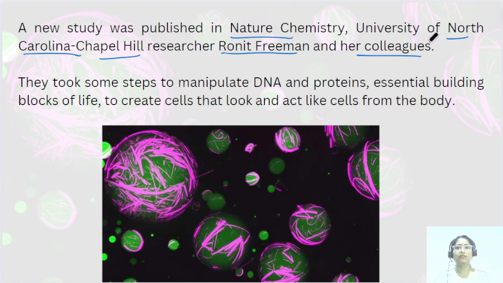Okay, so Ronit Freeman and her colleagues made a living cell which exactly looks like and acts like all the cells from our body. Isn't it very interesting that now human beings can also create living cells?